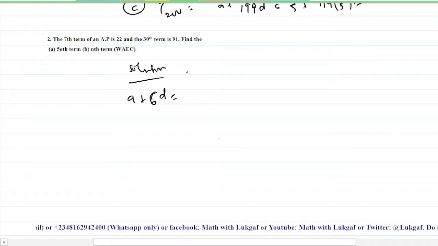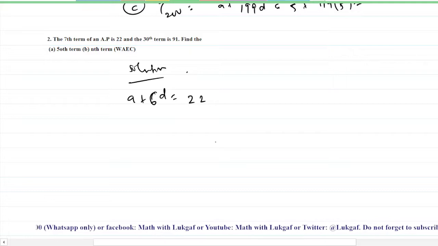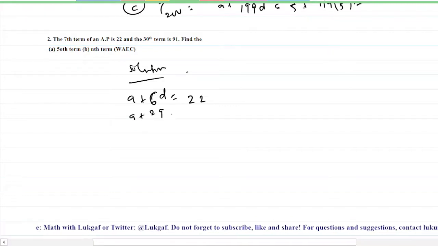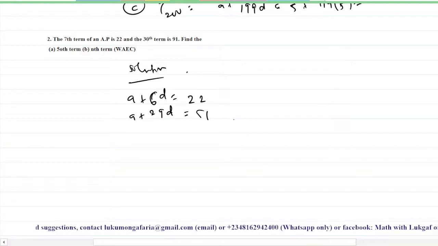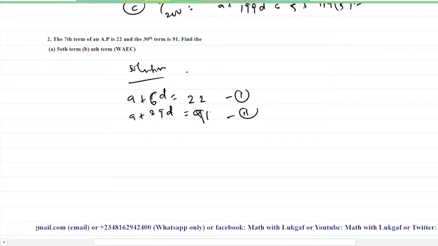That's 22. You understand? And the 38th term, what is the 38th term now? The 38th term will give me what? A plus 29D. Remember, I asked you to just subtract 1 from the term to obtain the formula. So that's A plus 29D is equal to 91. You understand now? You can call this equation 1, equation 2. And the question asks us to find the 50th term, the nth term.